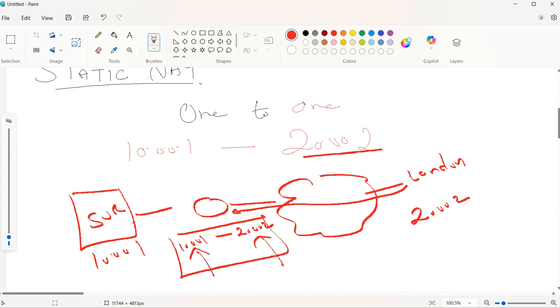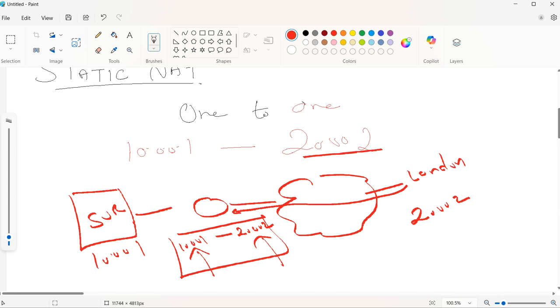So we have a one-to-one mapping to solve the problem. One-to-one mapping. Any traffic going from 10.0.0.1 will be translated to this particular address.